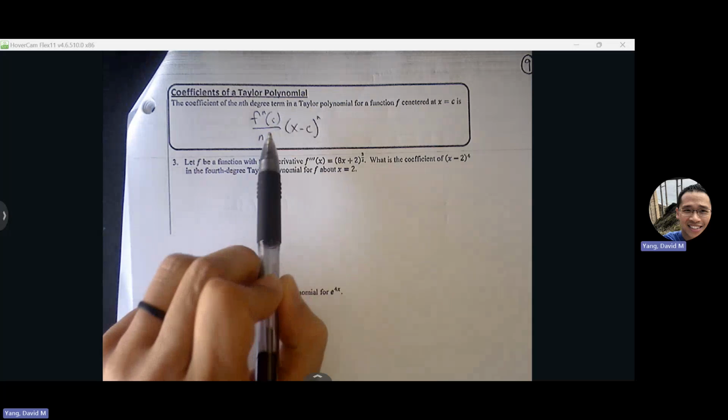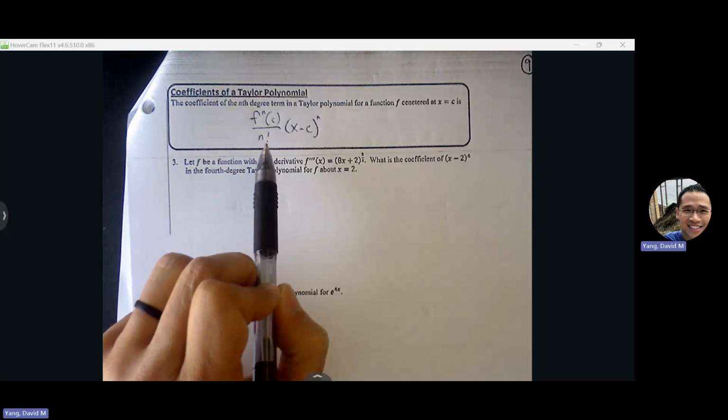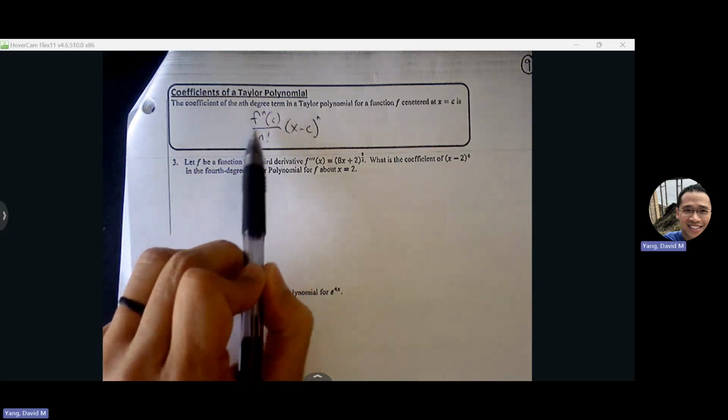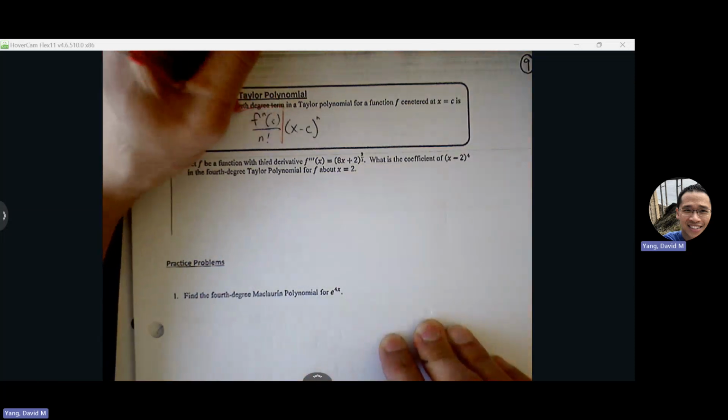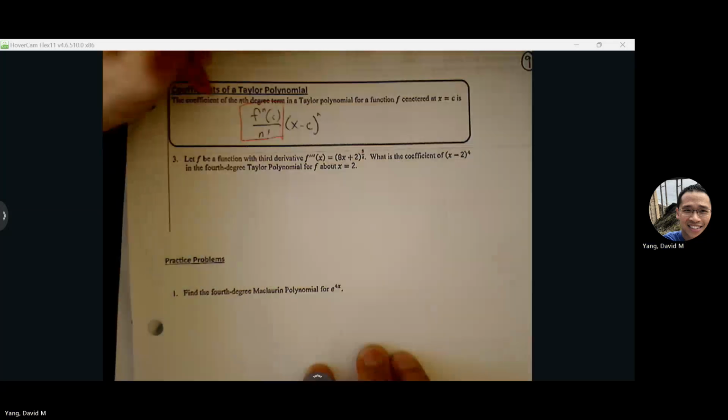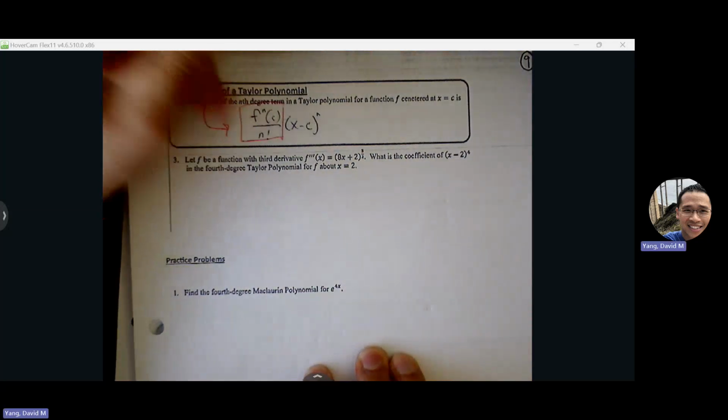I need to do the fourth derivative. If I want to match it all the way to the sixth degree, then I need to get to the sixth derivative. Now, a coefficient would be this value in front of the x. So when it asks for the coefficient, it's asking what this number is going to be. That's the coefficient of this Taylor polynomial at this degree.